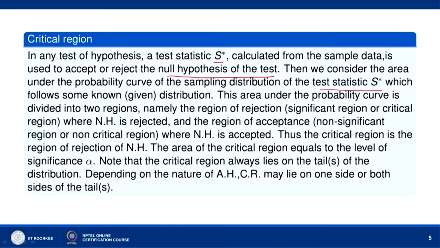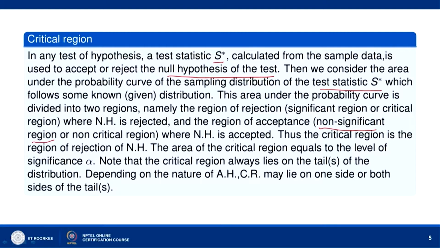This area under the probability curve is divided into two regions, namely the region of rejection, called the significant region or critical region, where the null hypothesis is rejected, and the region of acceptance, that is the non-significant region, where the null hypothesis is accepted.